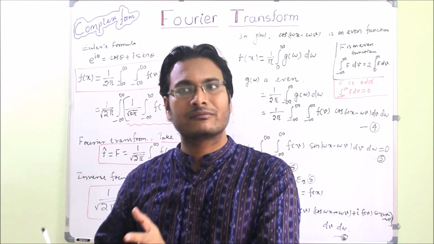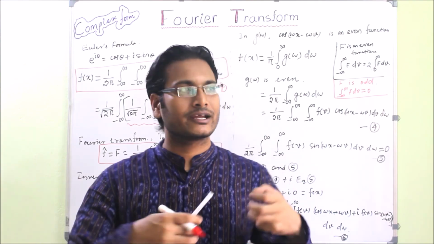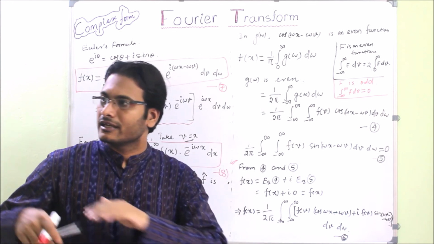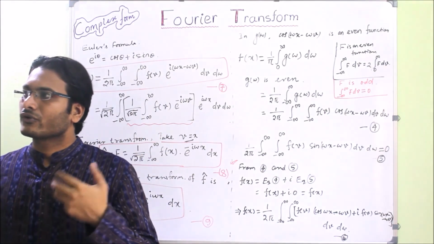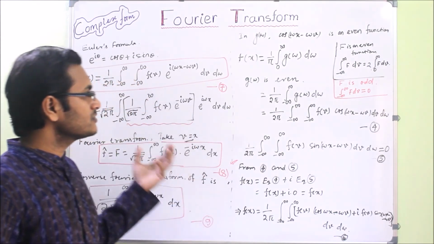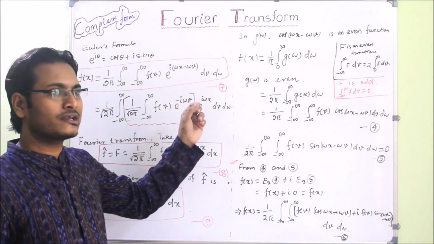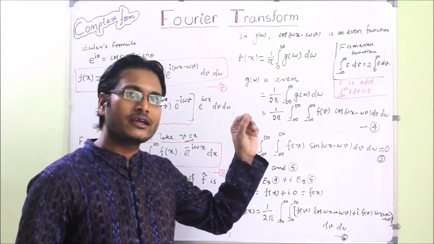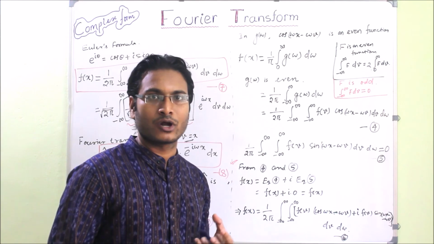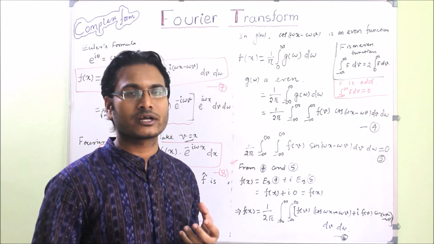So finally, whatever answer comes, from that we will get the real part, that is the Fourier cosine transform, and the imaginary part will be the Fourier sine transform. That's why the derivation is so important, because each and every step will give you some idea to solve complicated or new types of problems.